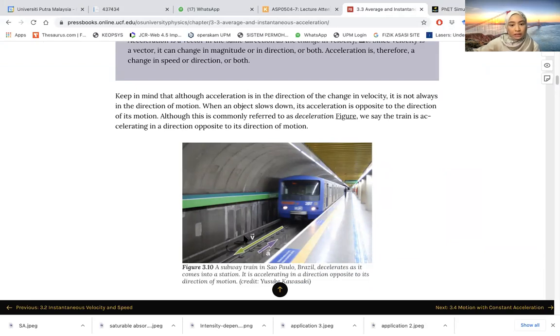Walaupun dia bergerak ke arah depan kita, out of the page, it is moving slower. Daripada sini ke sini, contohnya 50 meter per second. And then kat sini ke sini dia 40 meter per second, and then ke sini 30 meter per second. So the velocity keeps on changing, tapi dia change makin berkurang.